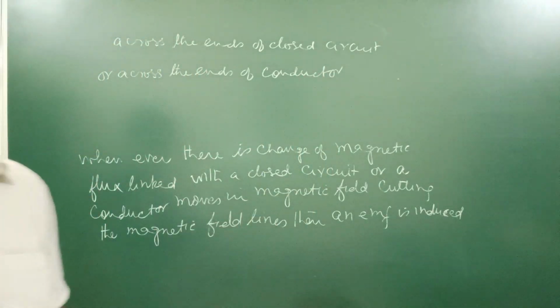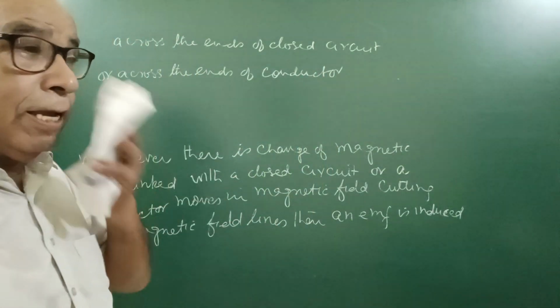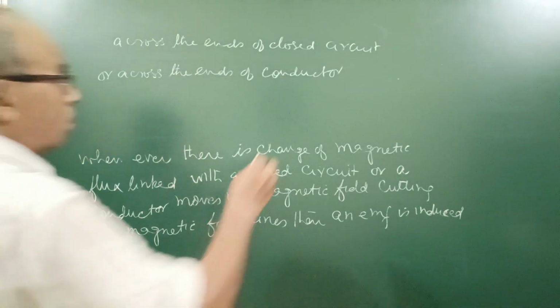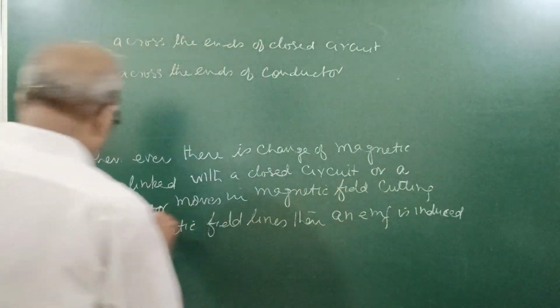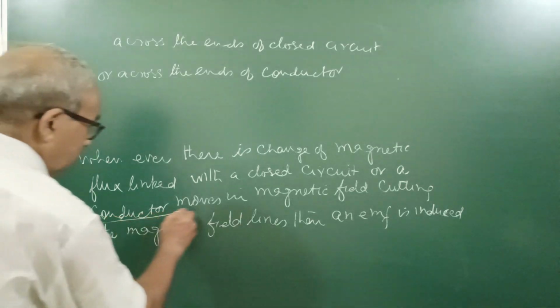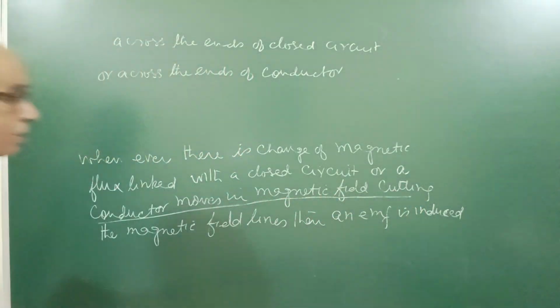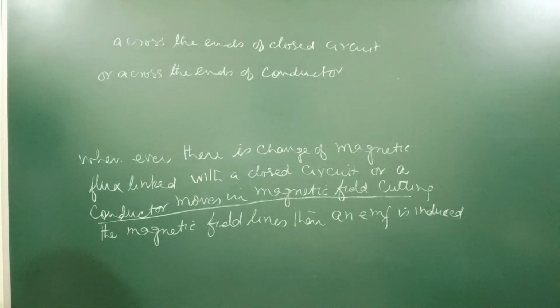As revealed by experiment, wherever there is a change of magnetic flux, the same thing happens, but this thing, a conductor moving and cutting the field lines, is very important, but directly they are not written.